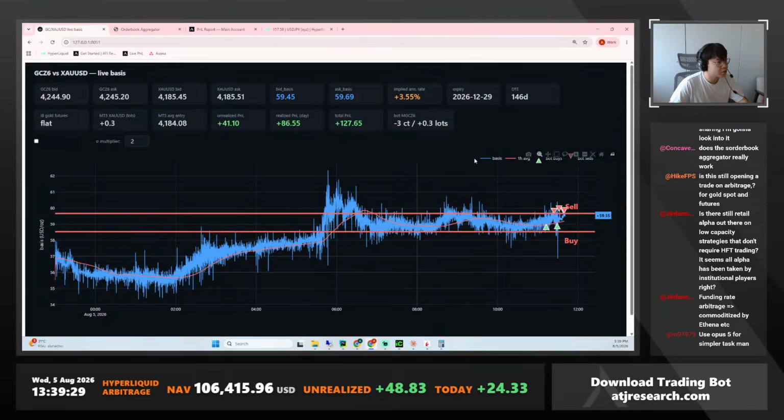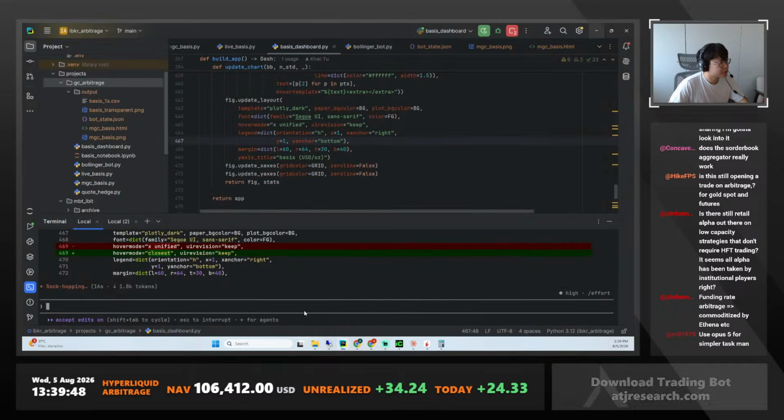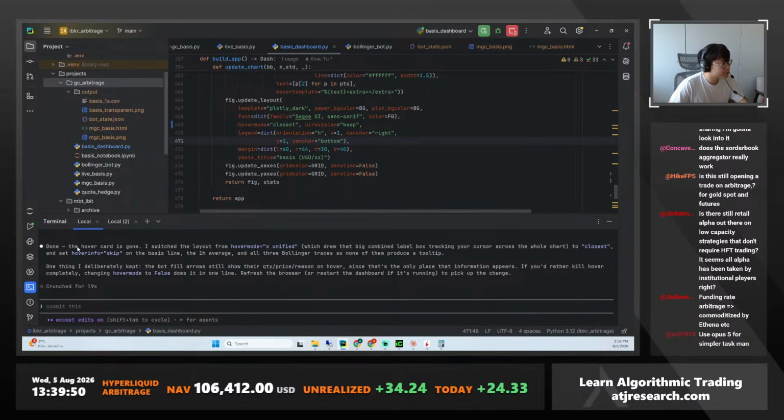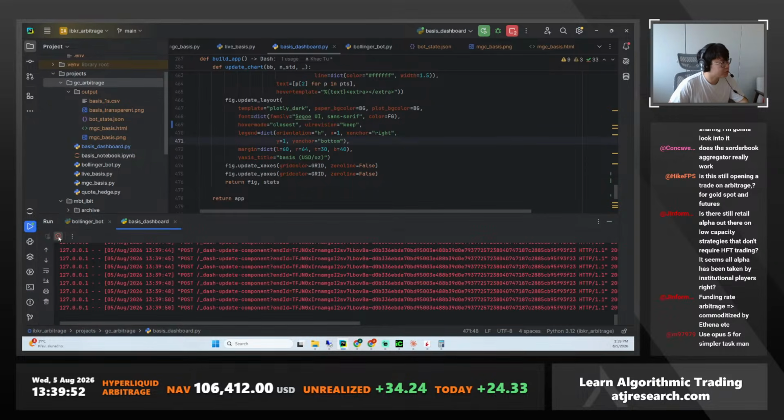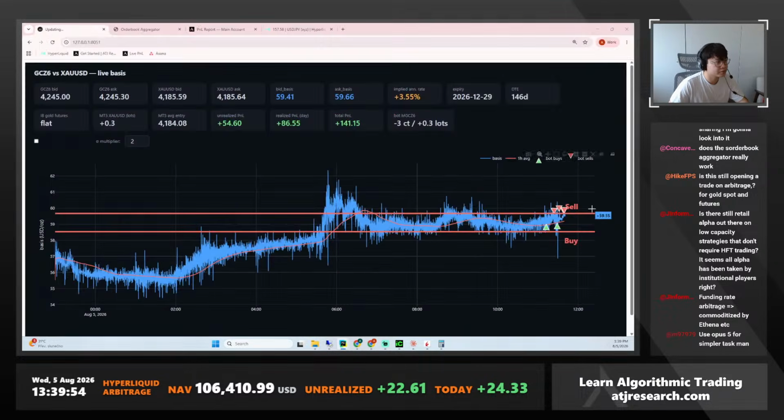Okay. Looks like we're getting a lot of sells. And so here the average entry is, let's look at the data I have here. Well, we'll still need a lot of improvements. So I disabled the hover right now on this chart.